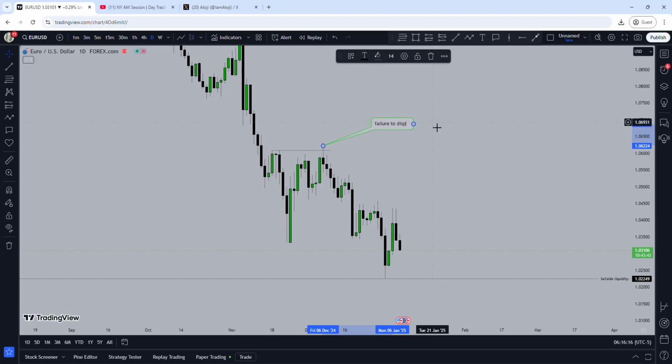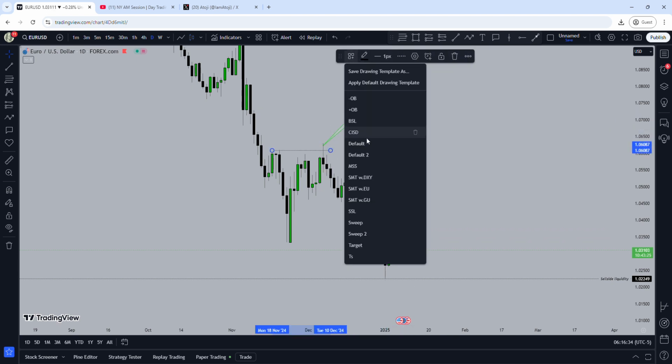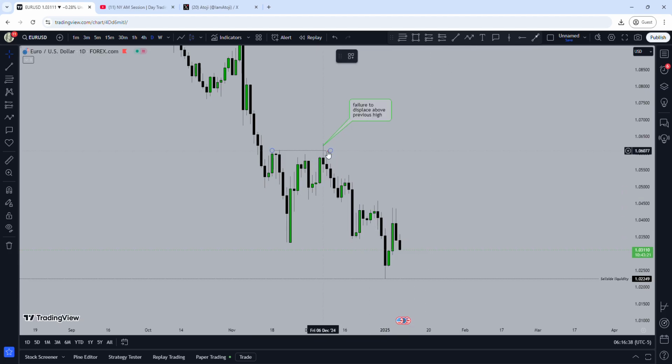Failure to displace above the previous high, creating a wick, makes the sell still valid.